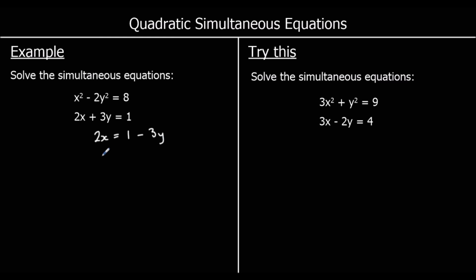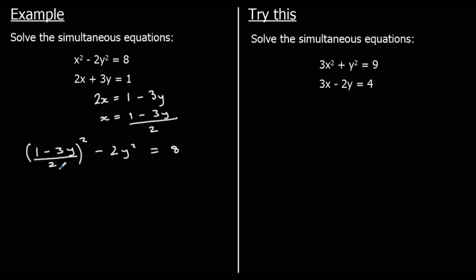So x equals 1 minus 3y over 2. So now I can substitute this in for x in our top equation. So we've got 1 minus 3y over 2 squared minus 2y squared equals 8.